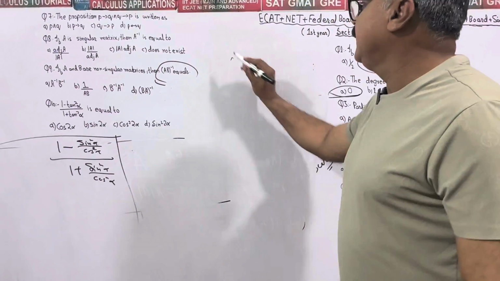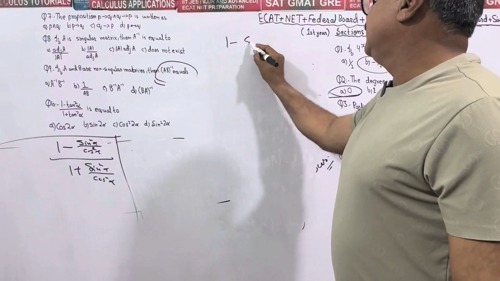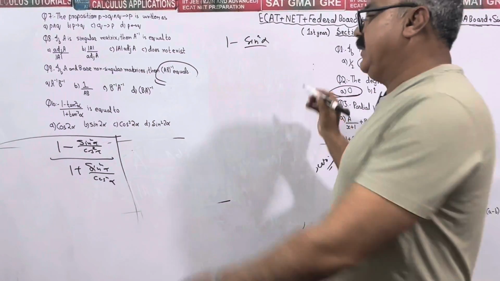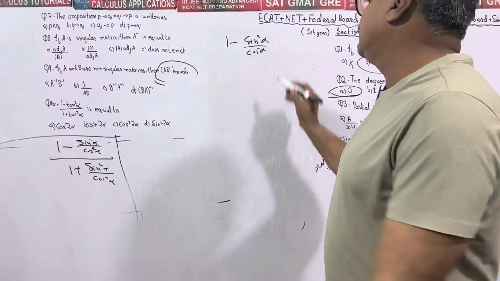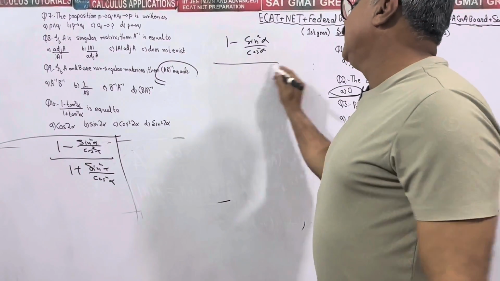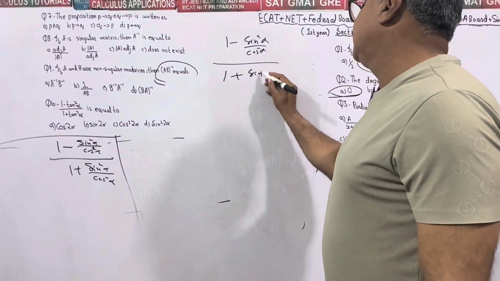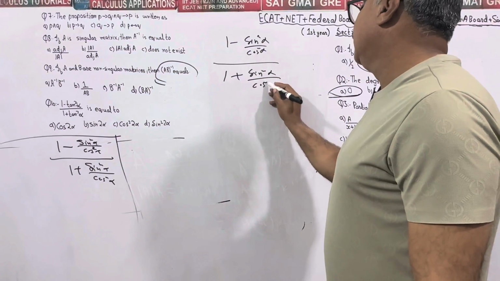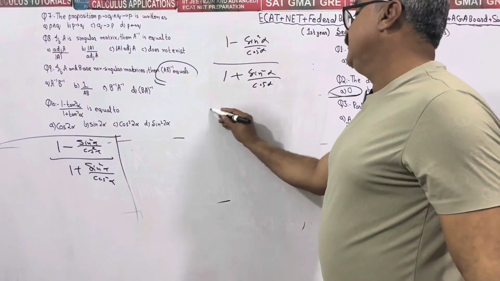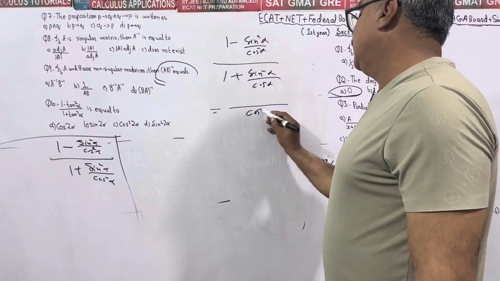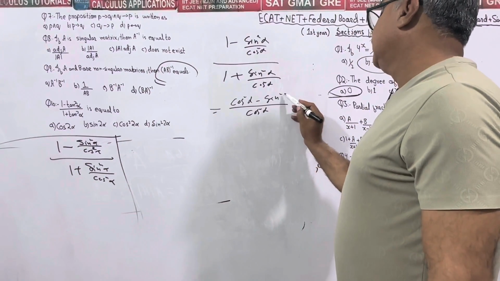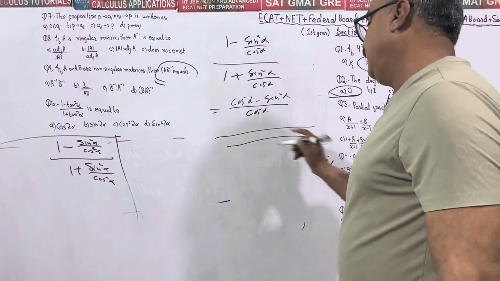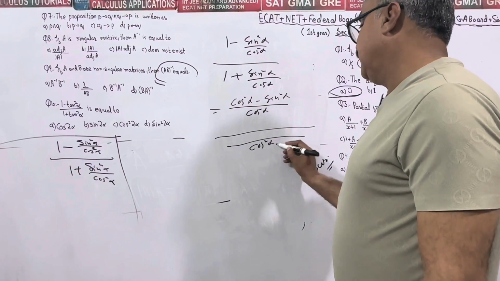Now I have written 1 minus, instead of tan, sine over cos. Having squared tan square, then sine square alpha over cos square alpha. Similarly, in the denominator 1 plus sin square alpha over cos square alpha. Taking LCM, we have cos square alpha in the numerator, equal to cos square alpha minus sin square alpha. Okay, cool. Here, the denominator is again cos square alpha.